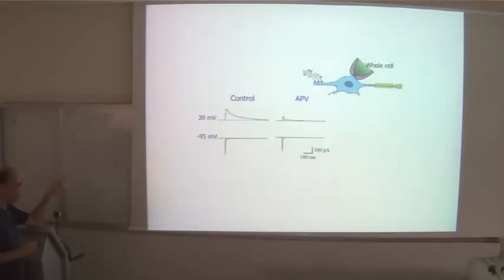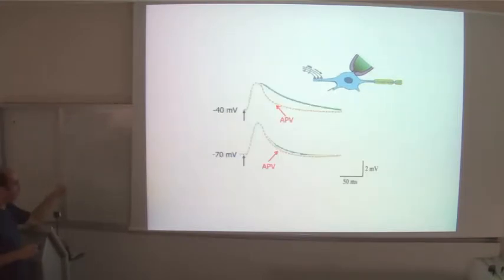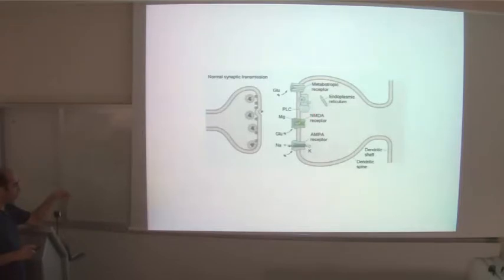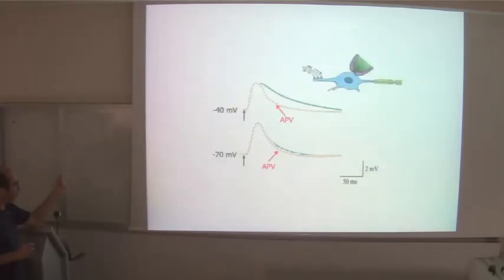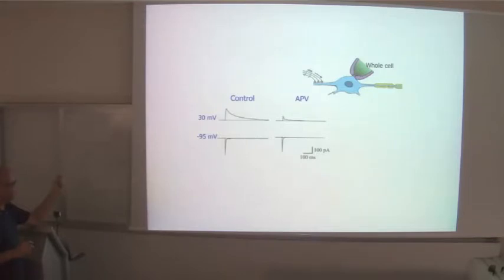But this one is a little bit different. It's the same story, but these ion channels, these receptors, have what we call the reversal potential. It's due to the selectivity, to how much potassium relative to sodium is getting in and out. Okay, and if you go to plus 30 millivolts, you are beyond the reversal potential. So now when glutamate binds, actually more potassium goes out than sodium gets in.